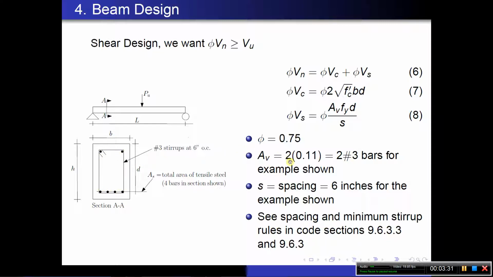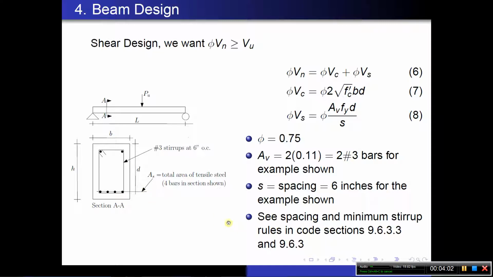Those areas then need to be used to calculate the total value for A sub V. So you see 2 times 0.11 because we have 2 number 3 bars that are vertical in this stirrup. We also have the spacing, which is S. In our case, it was 6 inches for this example that we see here.